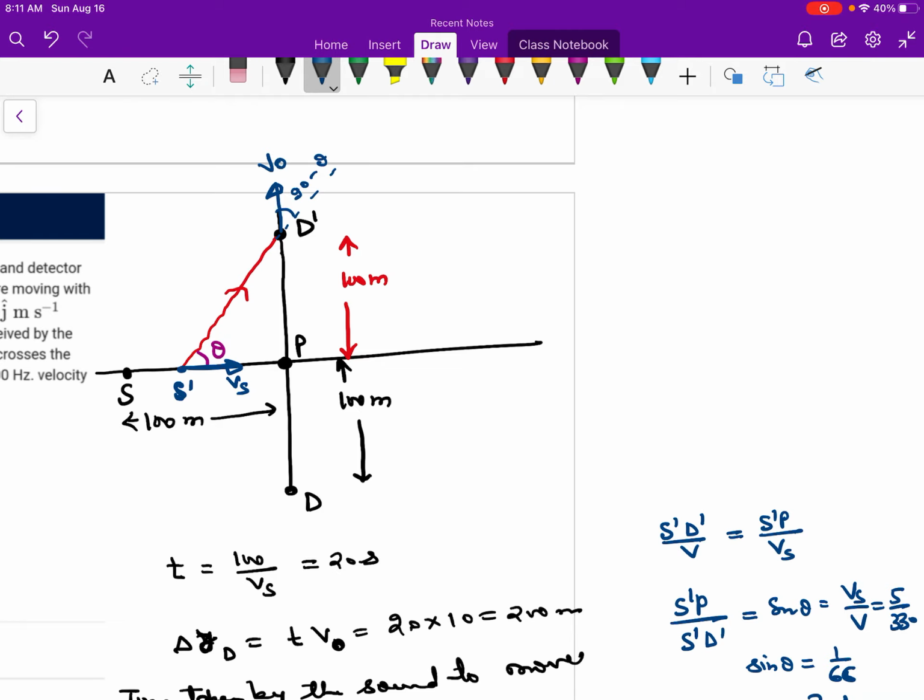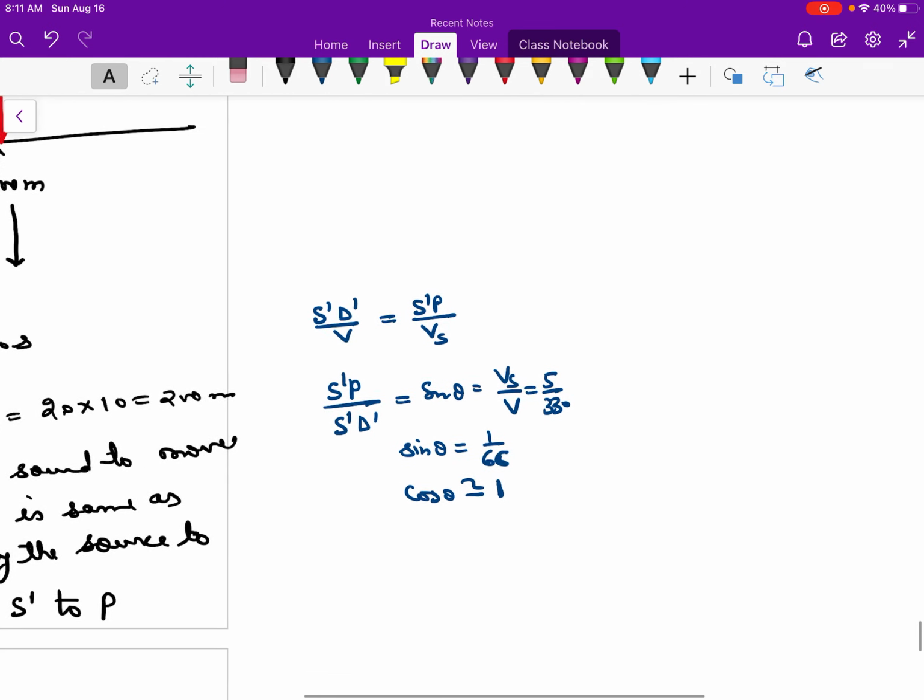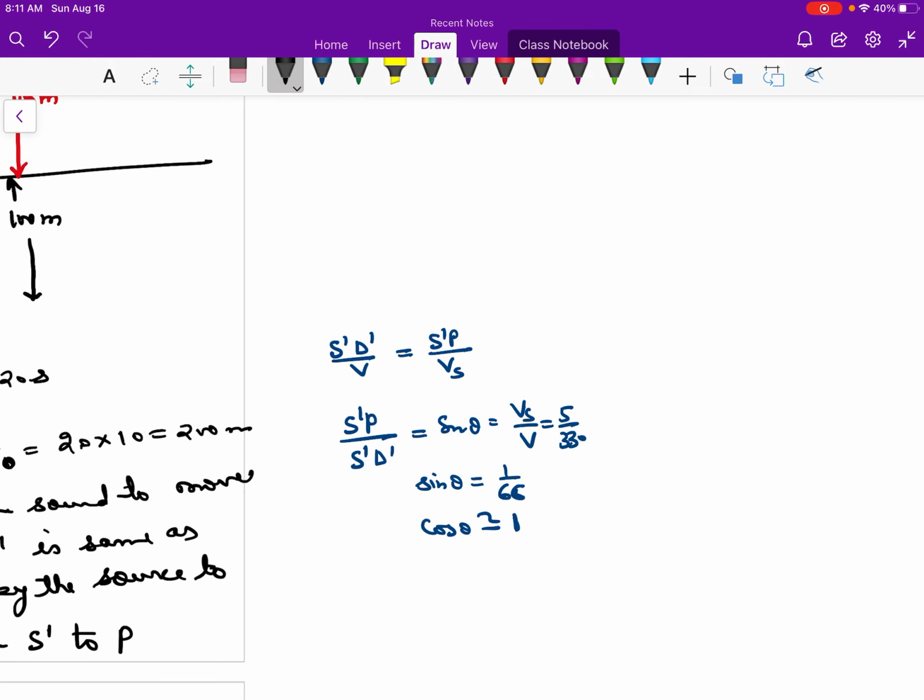This angle is 90 minus theta. Okay. So new frequency F dash is F V minus Vo cos of 90 minus theta, which is sine theta, upon V minus Vs cos theta.